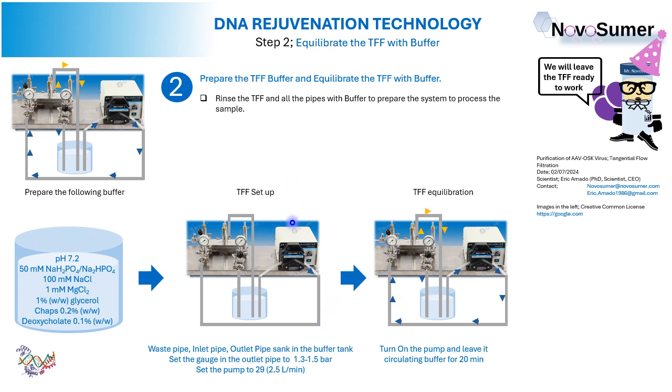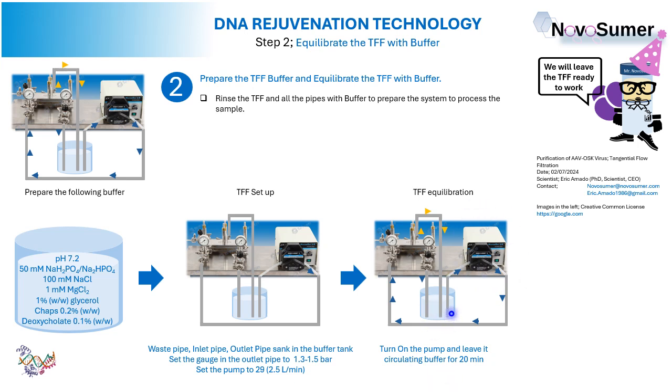So okay, after the setup, the system will be like this. Okay, the buffer here, the waste pipe here, the inlet pipe here, and the outlet pipe here. Okay, so after setting up the system, what we are going to do is turn on the pump. So we turn on the pump, and what is going to happen?